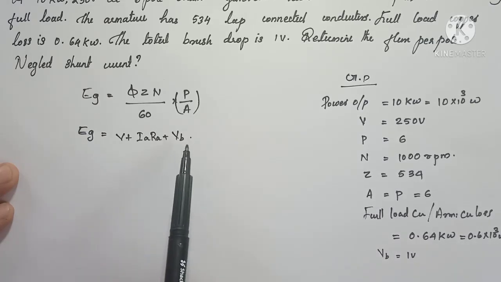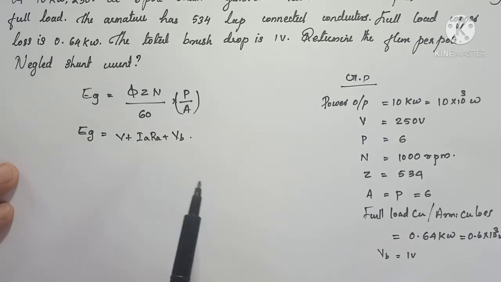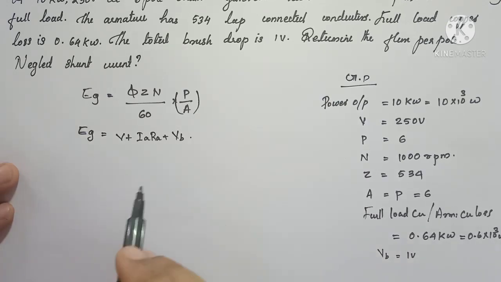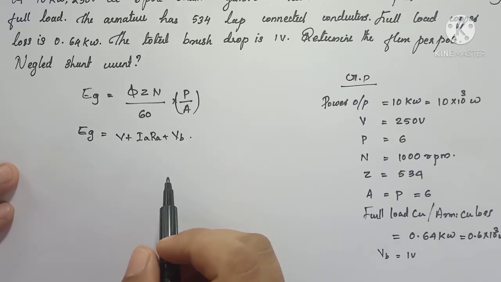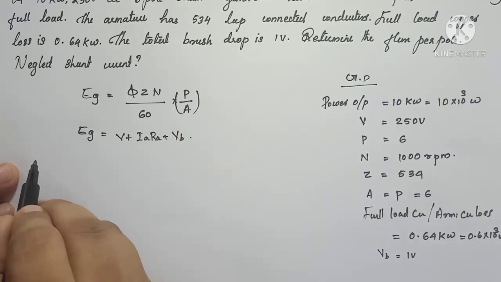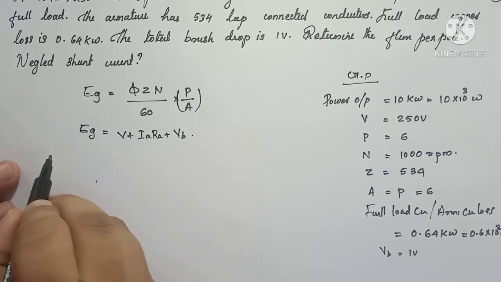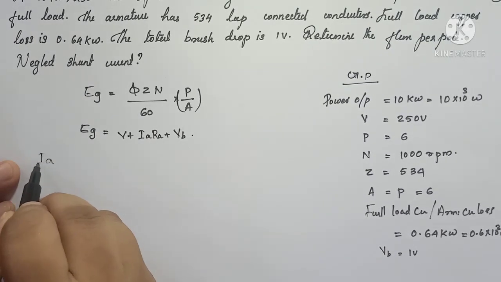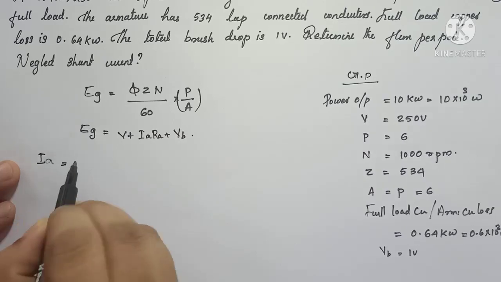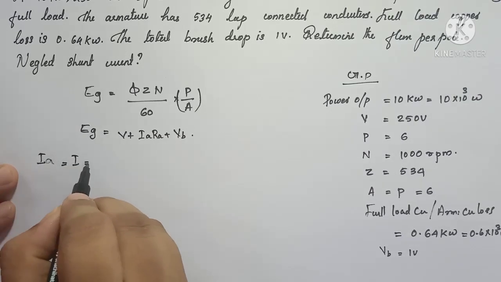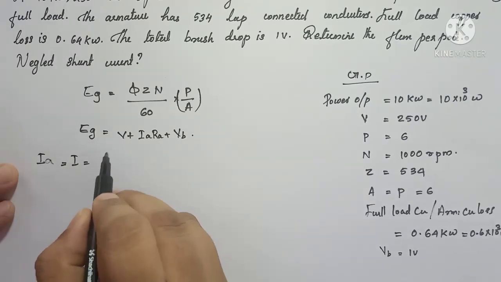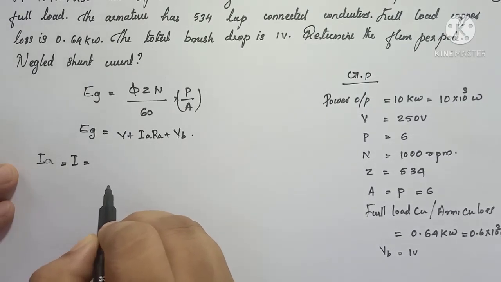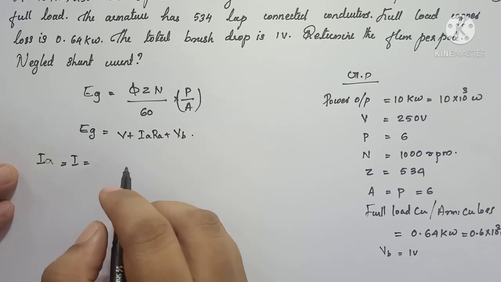Eg is equal to V plus Ia Ra plus Vb. In this case, the shunt field current is neglected, so we can calculate the armature current Ia. Ia is equal to I, because we are neglecting the shunt field current, power divided by voltage.